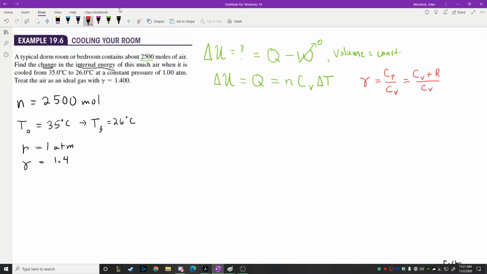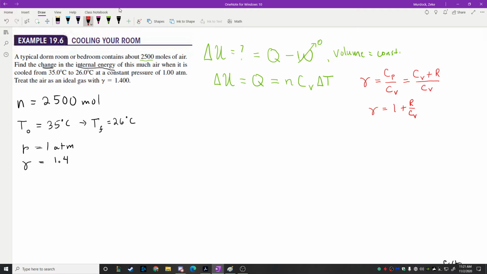Which means we should be able to rearrange and solve this for CV in terms of gamma. So gamma would be equal to CV over CV, which is 1, plus R divided by CV.